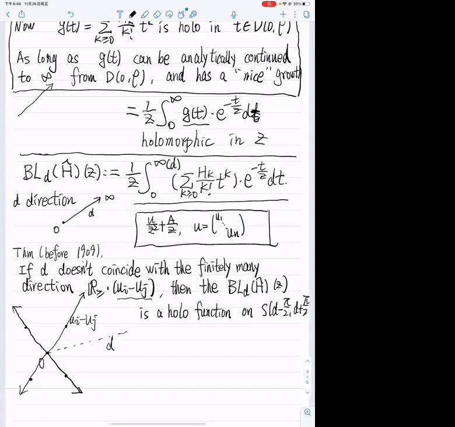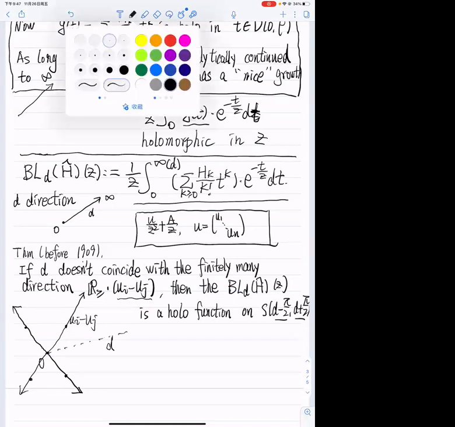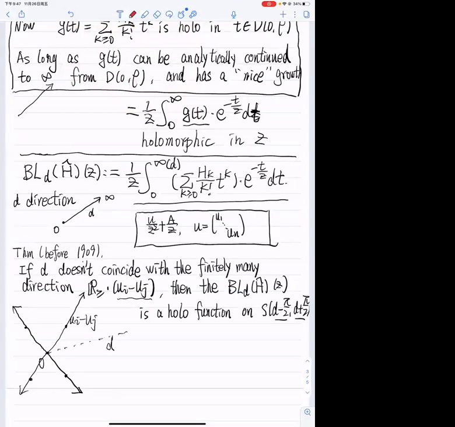So here this S(d minus, d plus) denotes a sector region near 0 with opening angle pi. So basically this sector here is a sector centered at D with an opening pi.